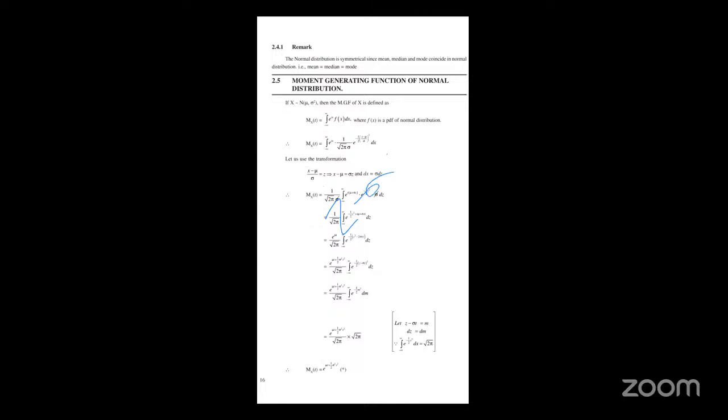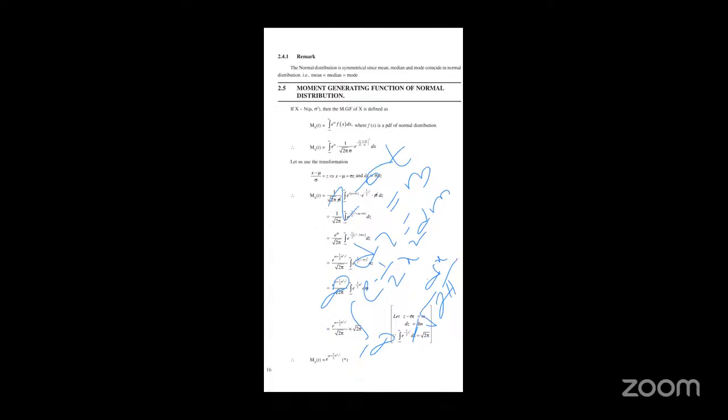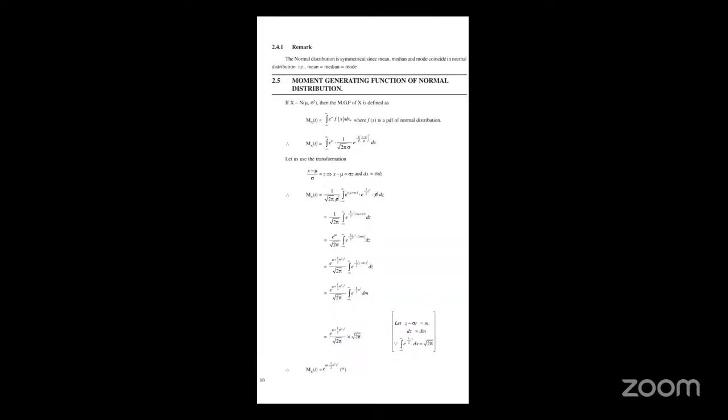So here we are taking z minus mu t is equal to m. So it becomes dm, and integration from minus infinity to infinity e power minus 1 by 2 m square dm can become root 2 pi.